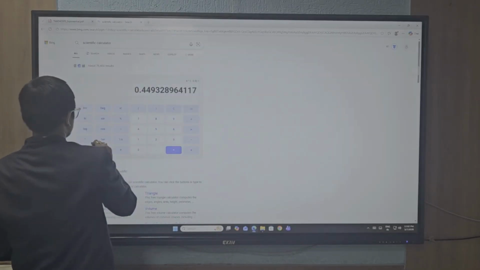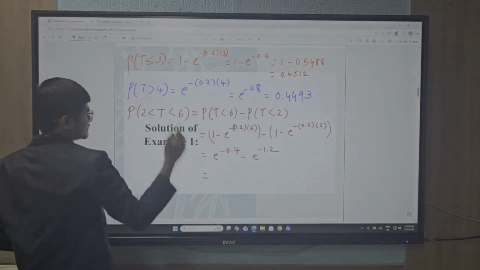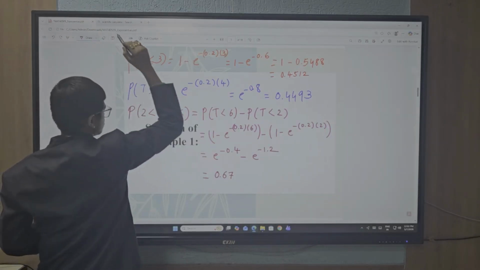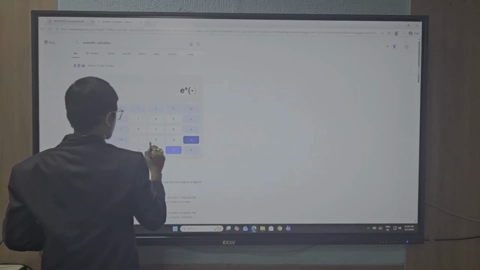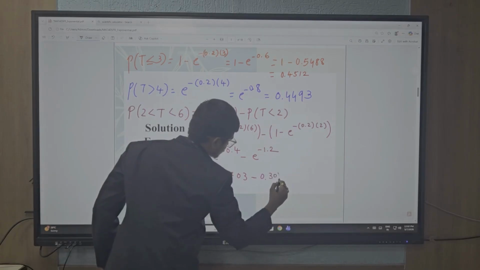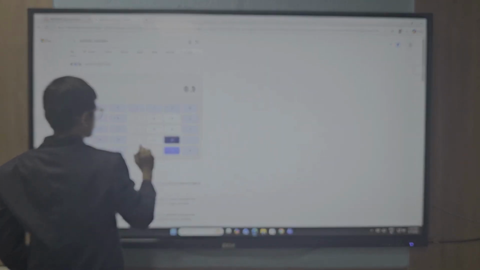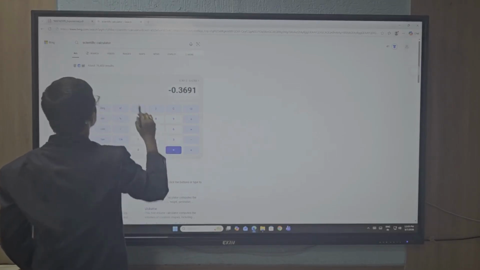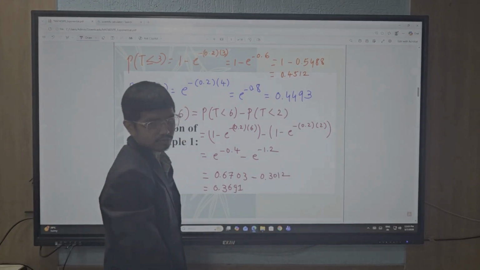The value of e raised to minus 0.4 is 0.6703, minus e raised to minus 1.2, which is 0.301. Solving this, the probability is 0.3691.